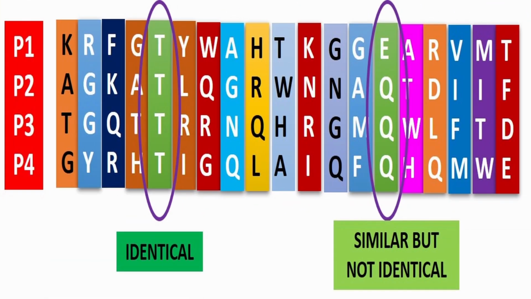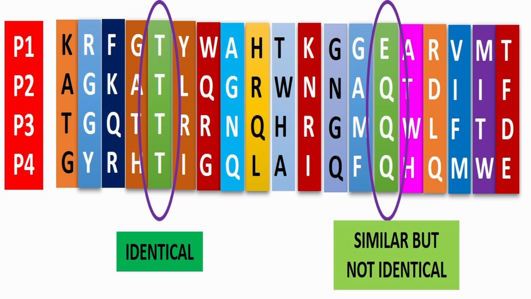However, when we are comparing a protein sequence against other protein sequences, and at a certain position threonine is matching identically with threonine, then the sequences under comparison are said to be identical.